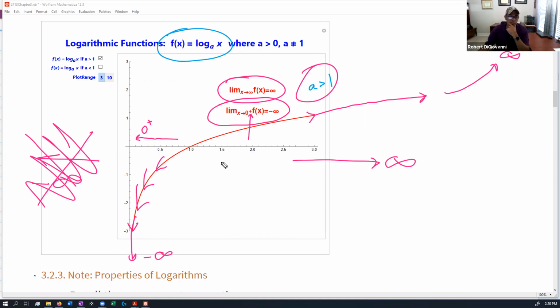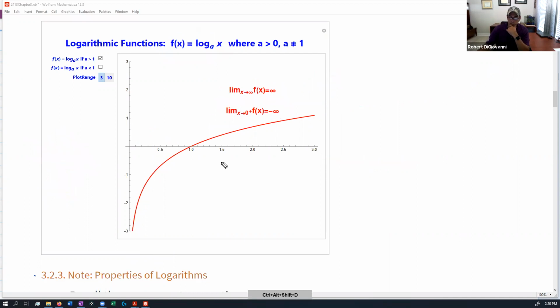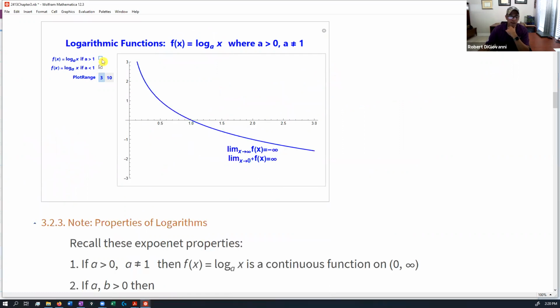Questions? What happens if the base is between 0 and 1? Picture changes, becomes that one. So look at the limits. As we go out to the right to infinity, the function starts going this way forever and ever and ever.